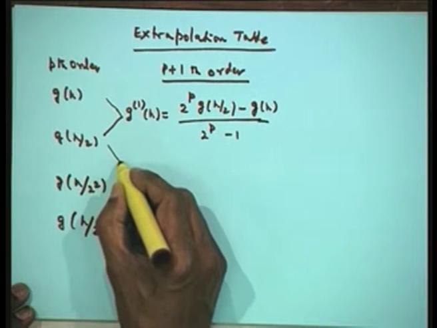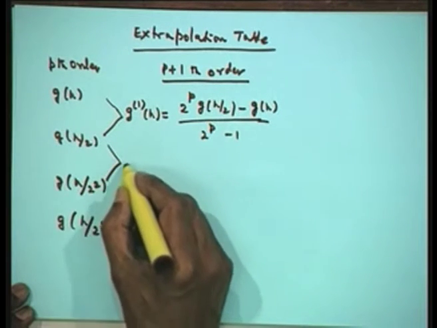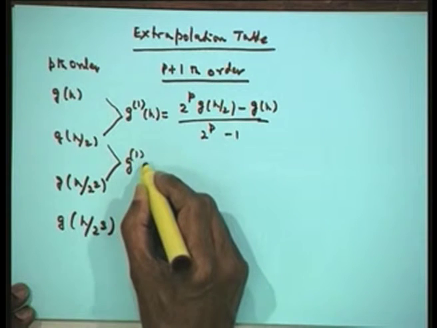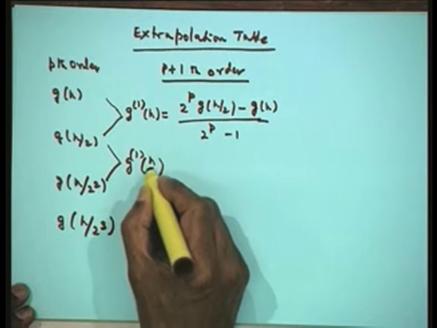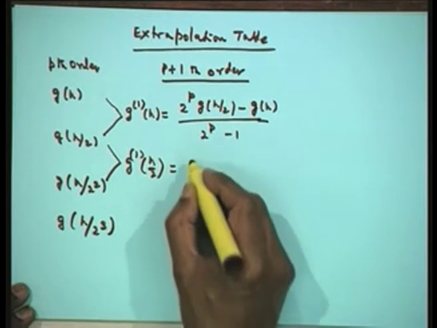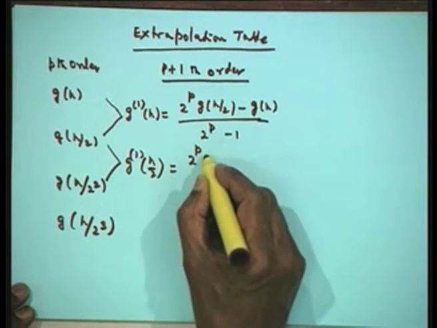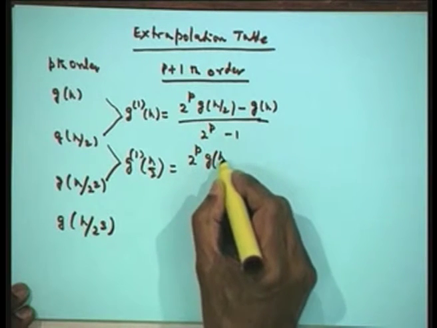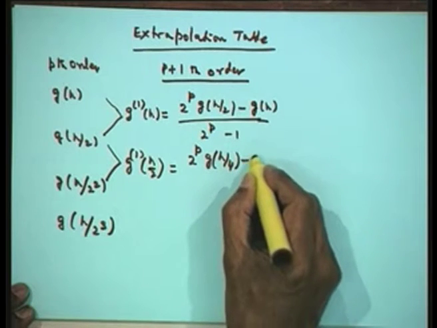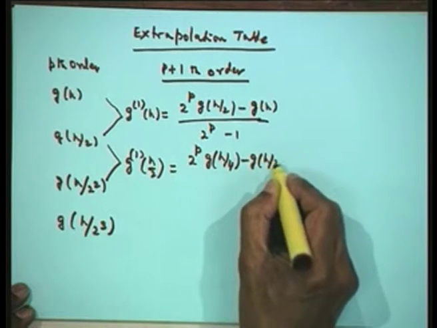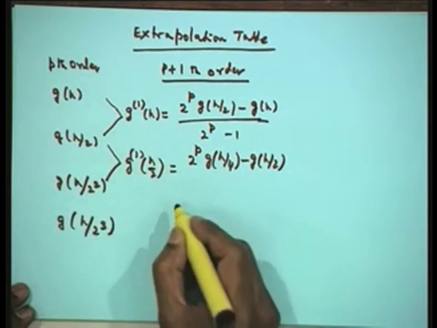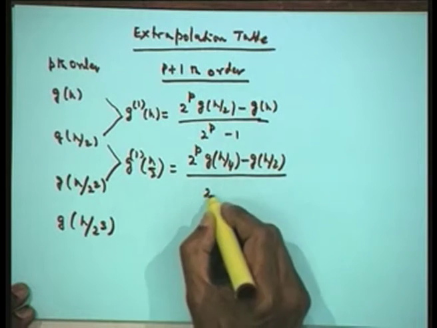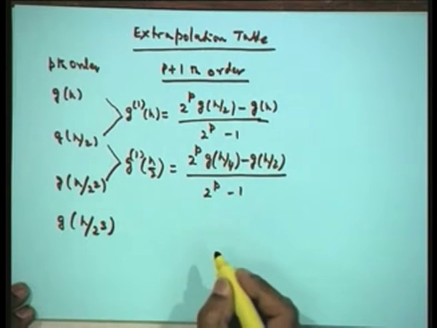I can manipulate these two successive ones and call this g 1 of h by 2. The coefficients do not change, 2 to the power of p g of h by 4 minus g of h by 2. These are the two successive values that we are using, divided by 2 to the power of p minus 1.